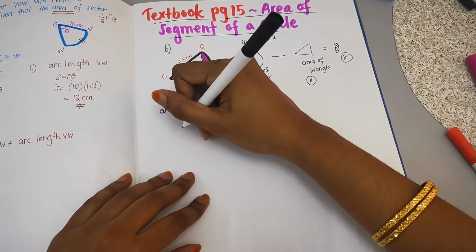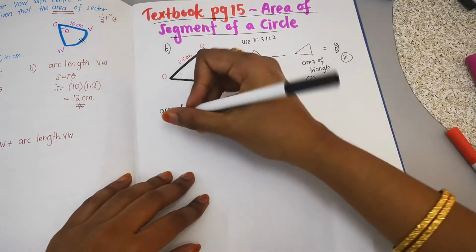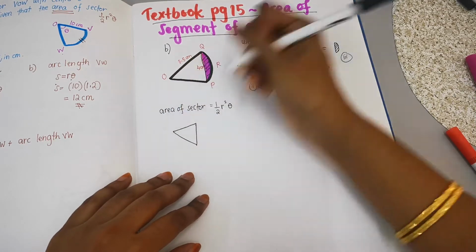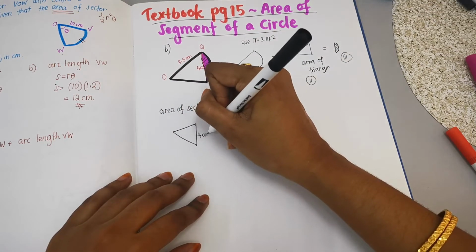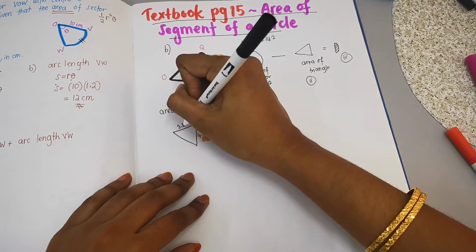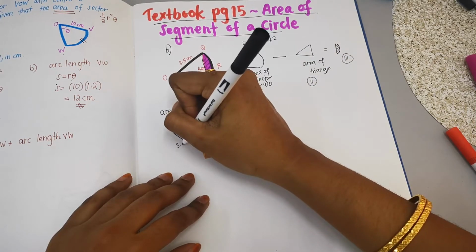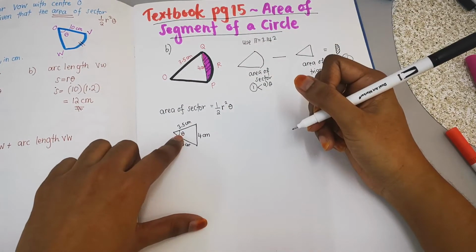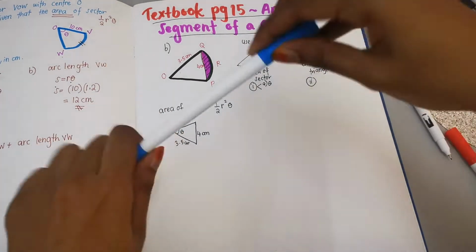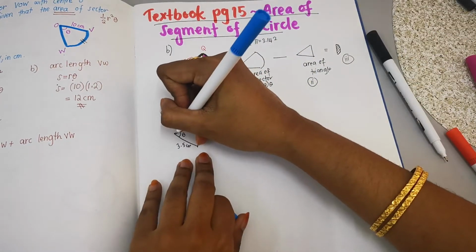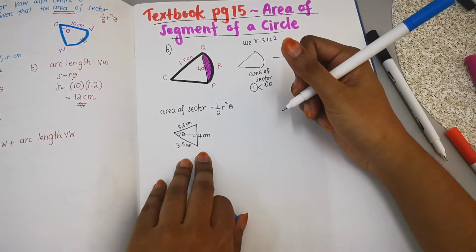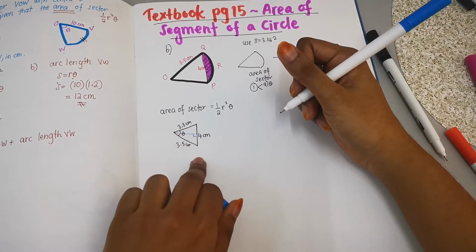So we have to use the triangle that's given. Look at the triangle. Here the side is 4 cm, and here is 3.5, and here is 3.5. This angle is the one that we want to find, theta. First step, divide the triangle into half, into a right angle triangle.